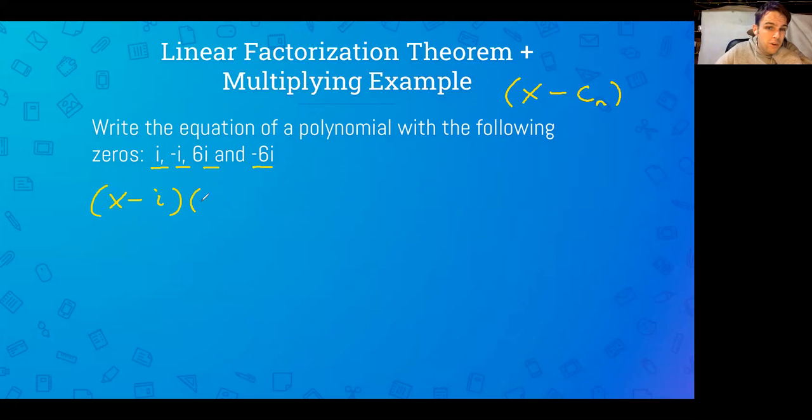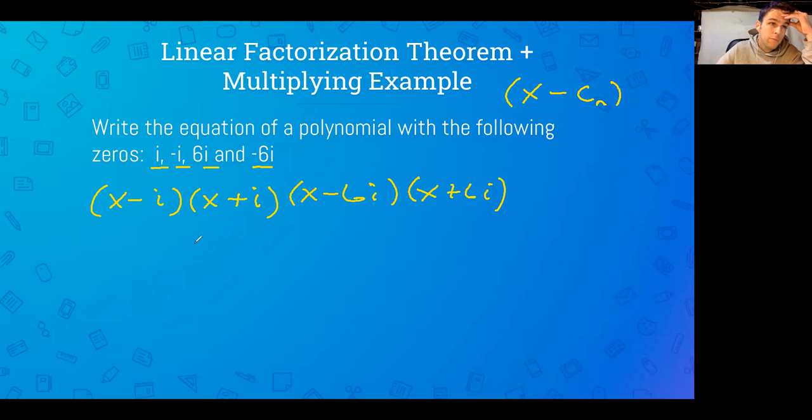This would be x plus i, or minus a negative, but plus is easier. Same idea here, x minus 6i, x plus 6i. If I multiply these all out, I will get a polynomial in standard form with only real coefficients. So let's go ahead and do that.